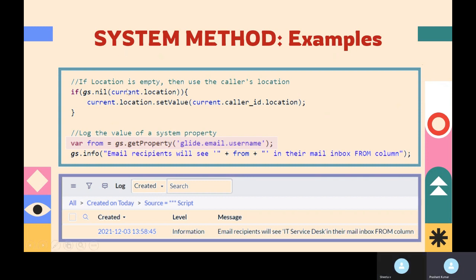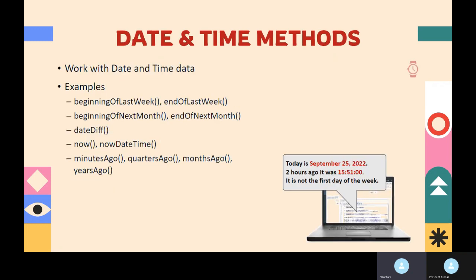This would be interesting, because you can utilize these kinds of things everywhere. Now we have date time methods as well. This is one of the interesting parts, because here we can get the current time and current date time.